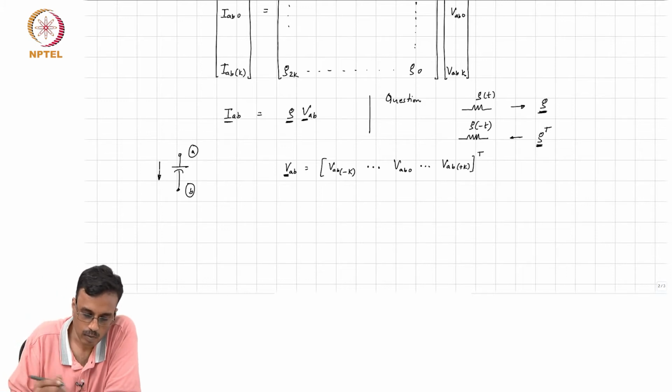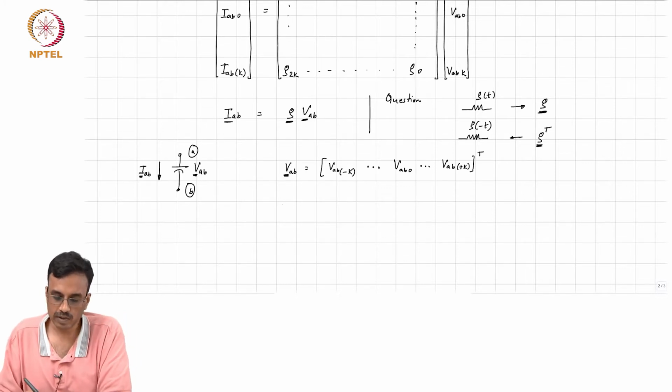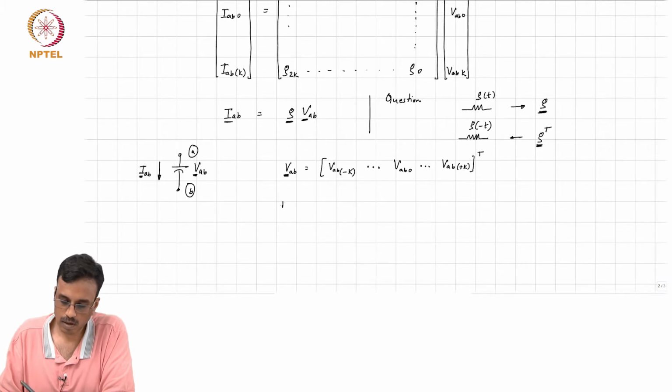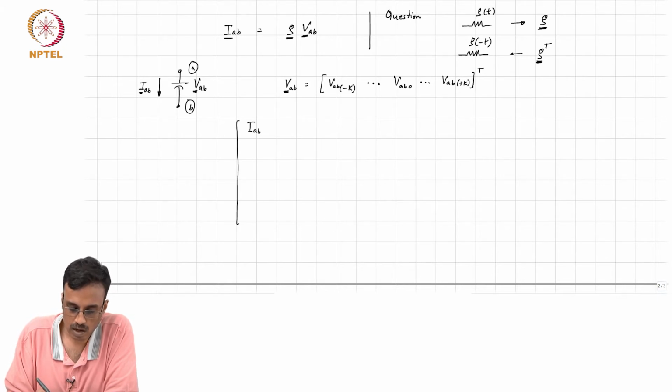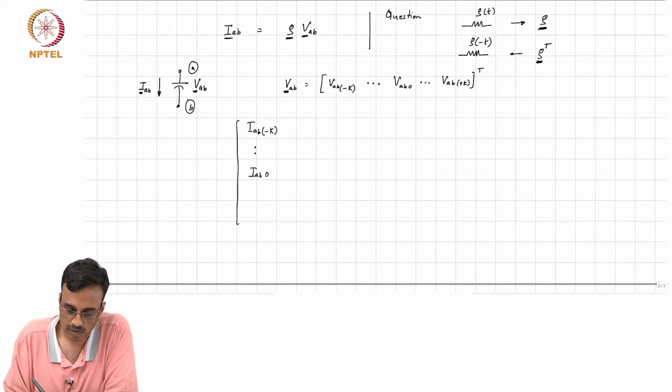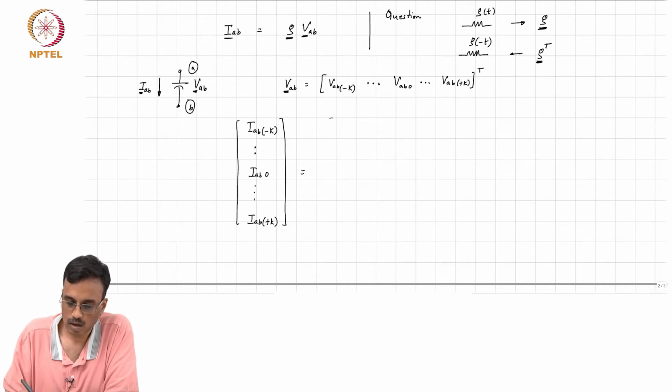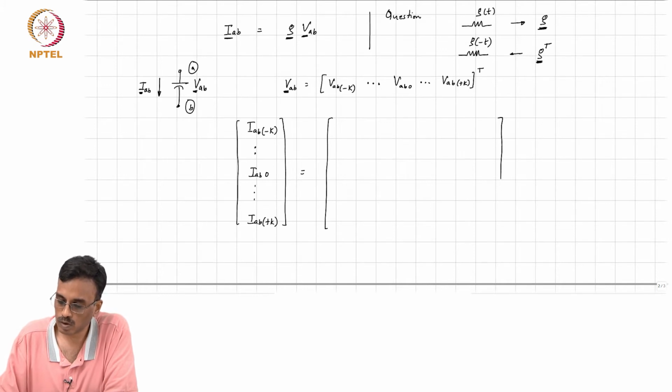And what comment can you make about how the current phasor is now related to the voltage phasor? So, IAB of minus K, IAB of 0, IAB of plus K. How is this related to this guy?